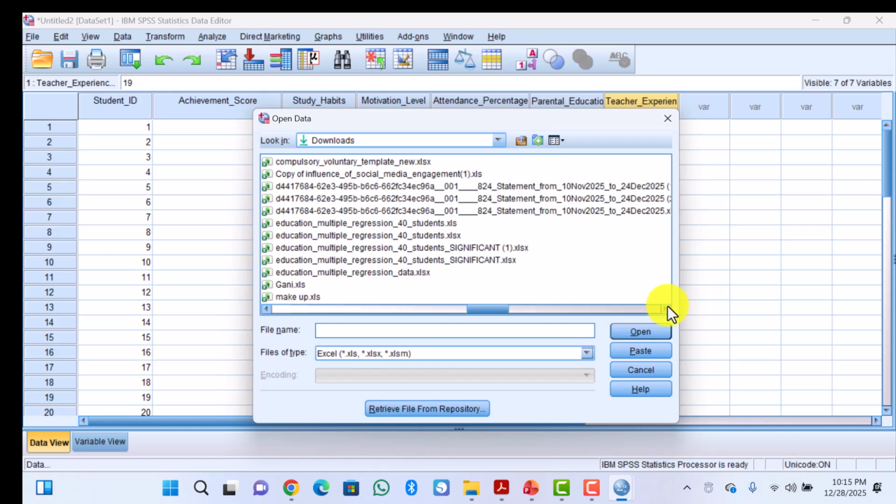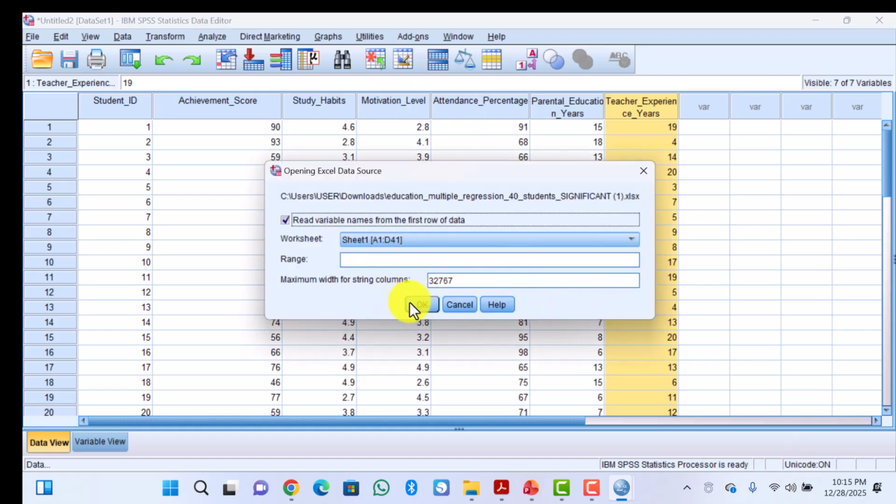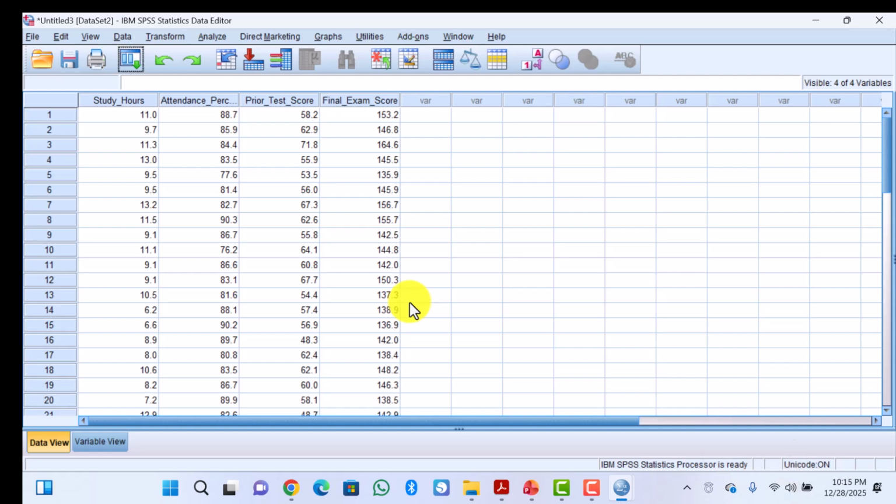So I want to go ahead and show another data set that will give us a better result. I deliberately did this so that we can understand that the correlation analysis that is carried out has some importance.